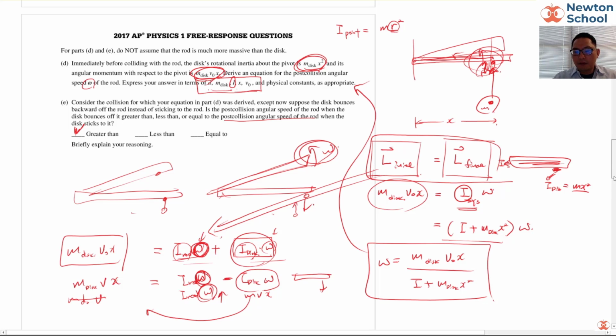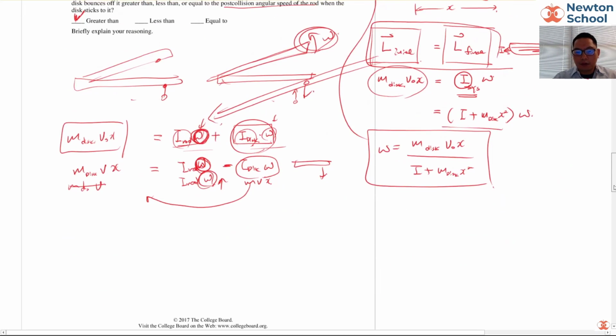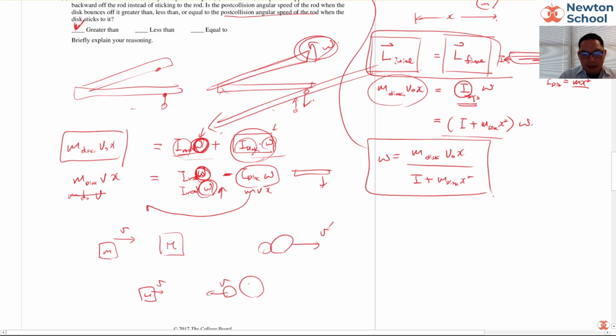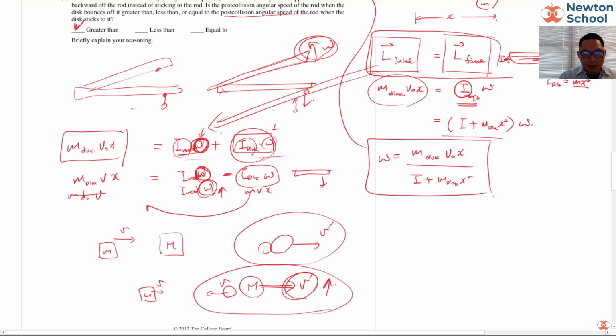If I give you the equivalent in linear momentum, it's like this. A small mass goes into a large mass, and they move together with v prime. But if this mass goes in and rebounds when you collide, the large mass has to go with higher speed, so this goes up to keep the same momentum as initial.